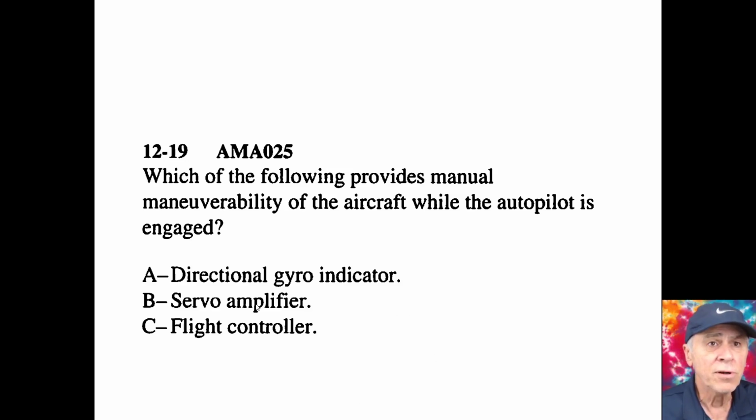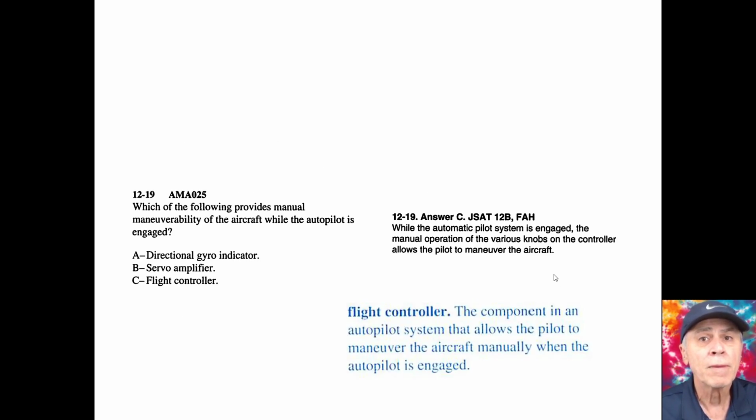Well, just because of the non-fit of the indicator or the servo, it's got to be the flight controller. And the flight controller happens to be the component in an autopilot system that allows the pilot to maneuver the aircraft manually when the autopilot is engaged. Similar to your cruise control, you can increase and decrease the velocity.